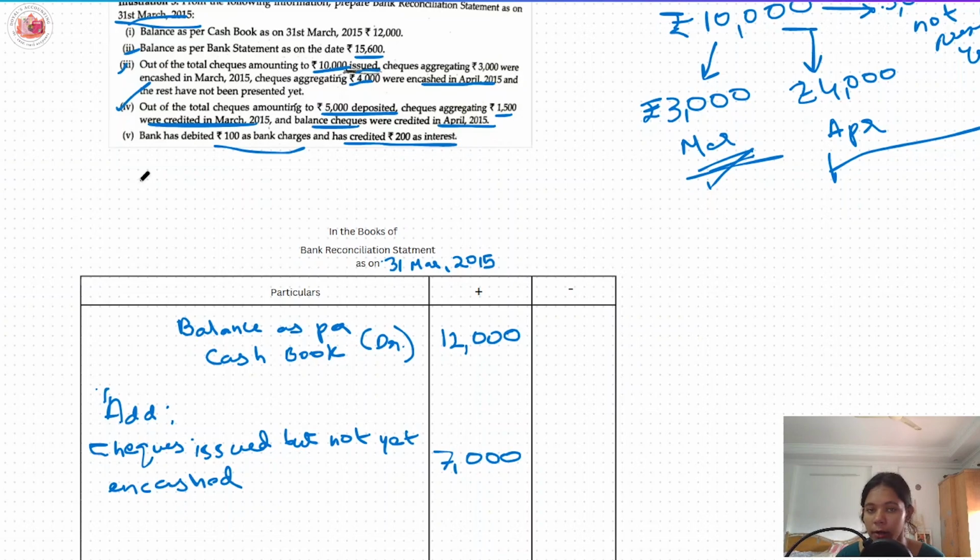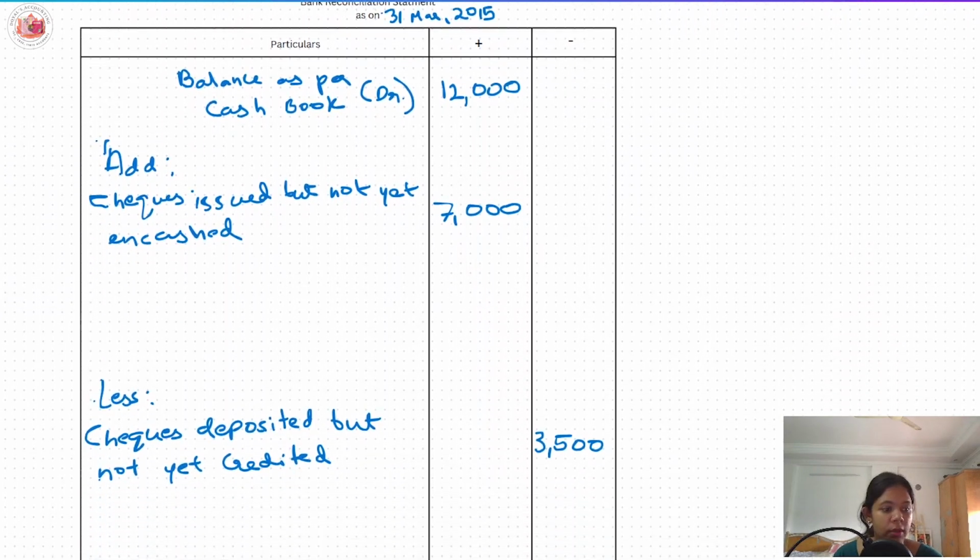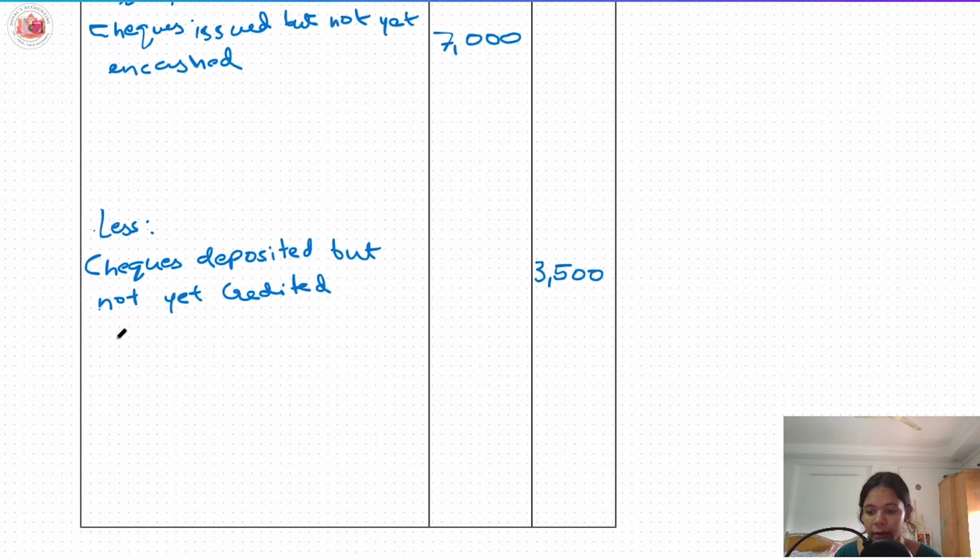In our passbook, 100 rupees has been deducted. So we have to deduct that in our cash book as well. So in my less items, I will write bank charges, 100.